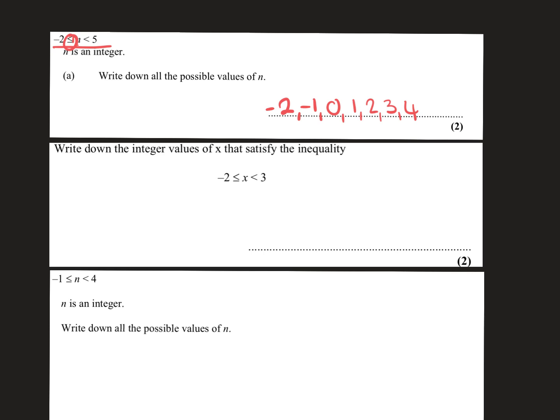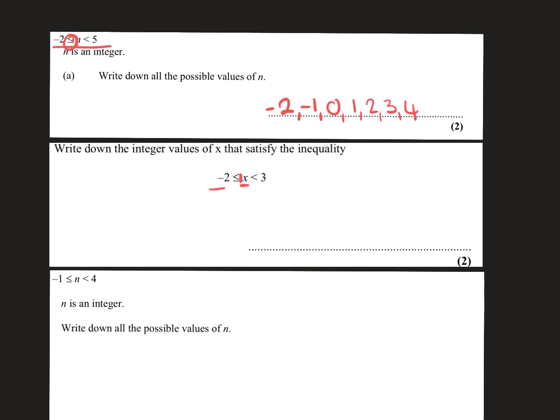If you want to pause at any point here and try and answer this yourself, and then you can unpause it and check whether you've actually got it right or wrong. So for the next one here, it says write down all the integer values of x that satisfies this inequality. So what it's telling us here is that if you start in the middle, x is, and the big side comes first, so x is greater than or equal to -2, or if you read it from the left, -2 is less than or equal to x, and then x is less than 3.